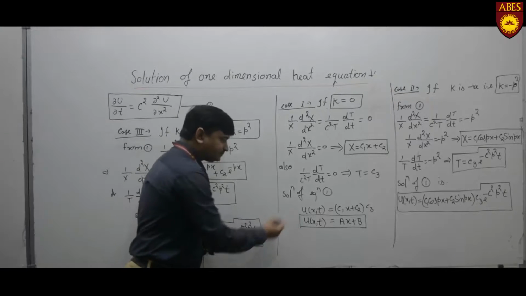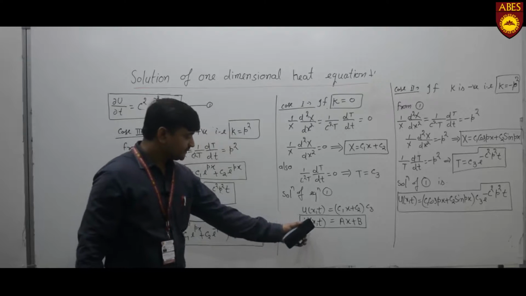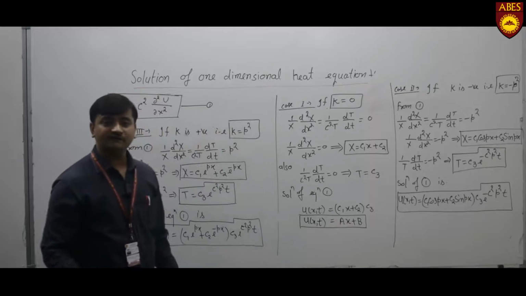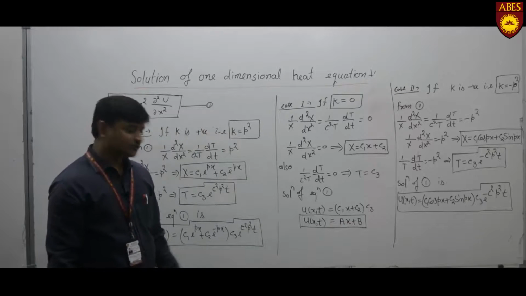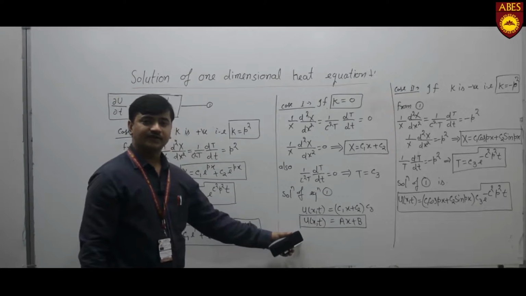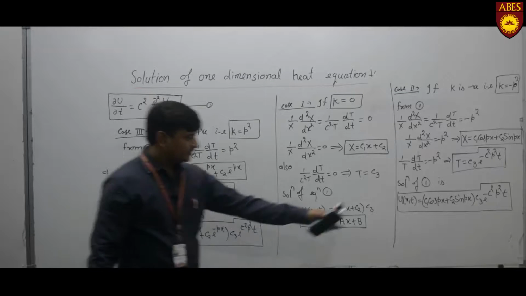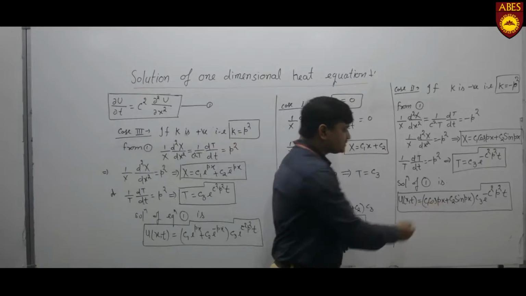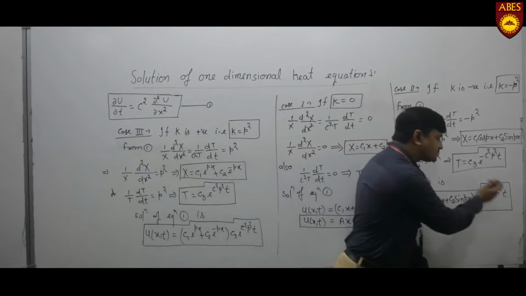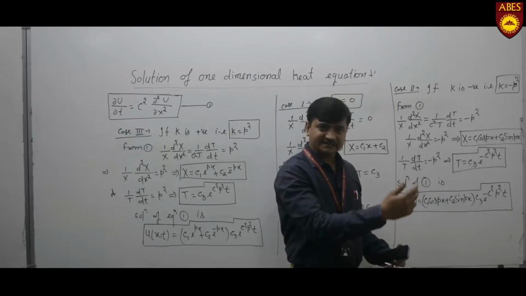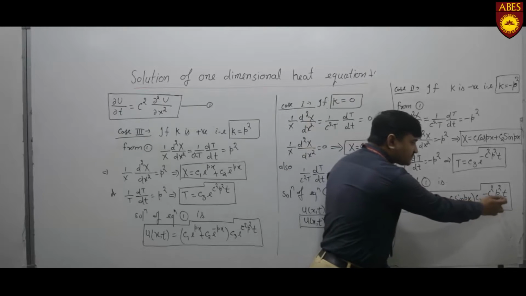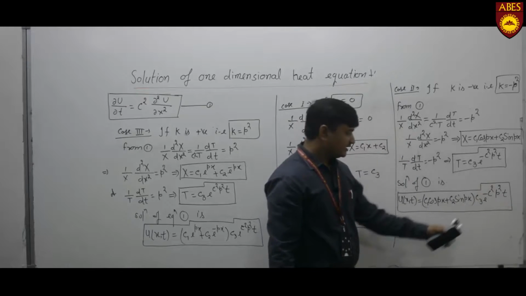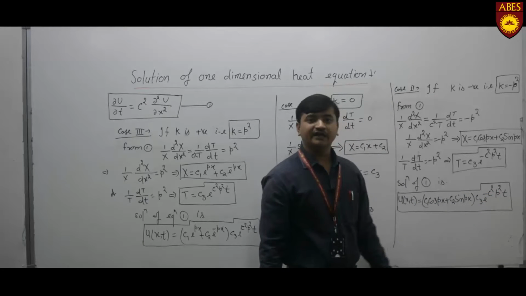Case number 1 simply shows that the temperature equals Ax plus B. It is not a function of t, so it may not be a solution of the heat equation. Case number 2 denotes C1 cos px, C2 sin px, C3 e to the power minus c square p square t. If the time increases, then definitely the exponent of e will increase but on the negative side.